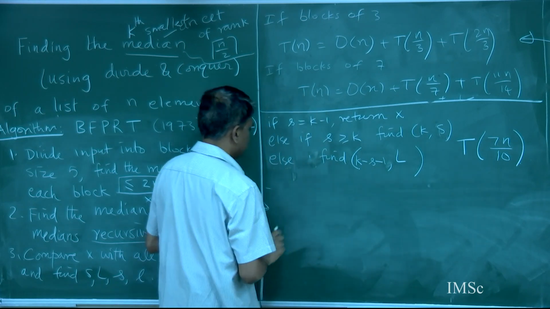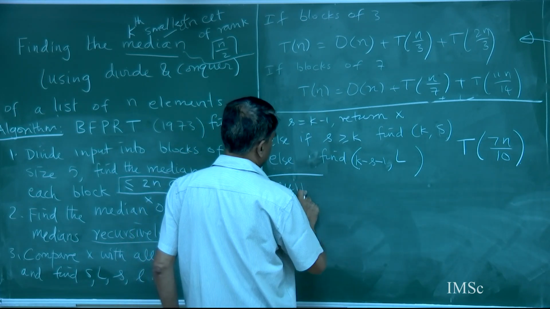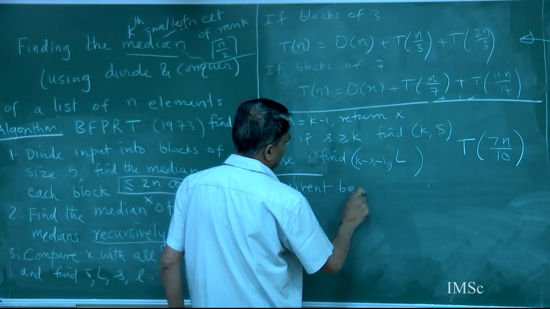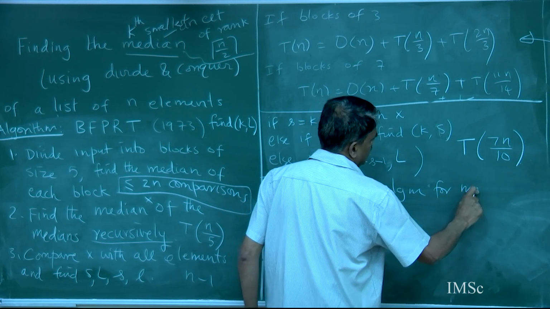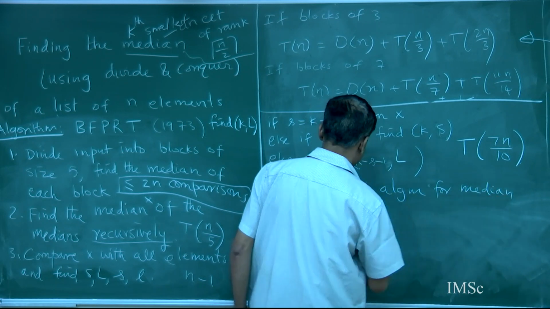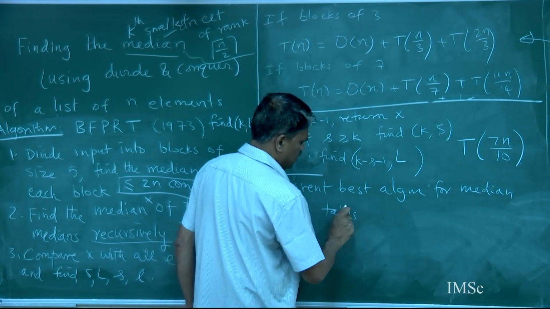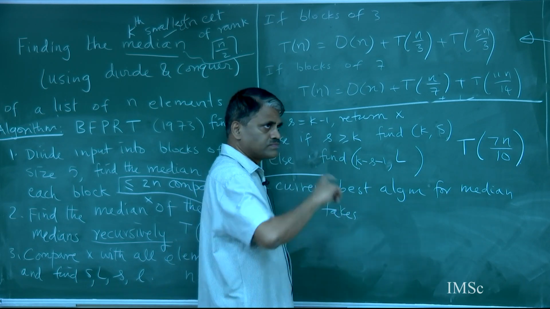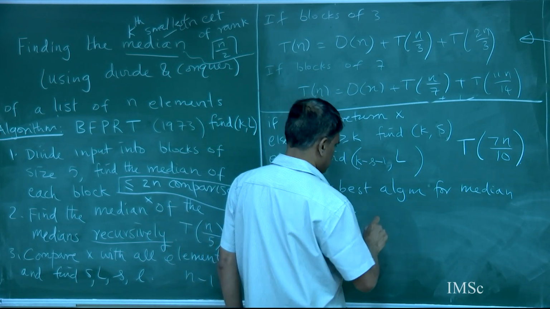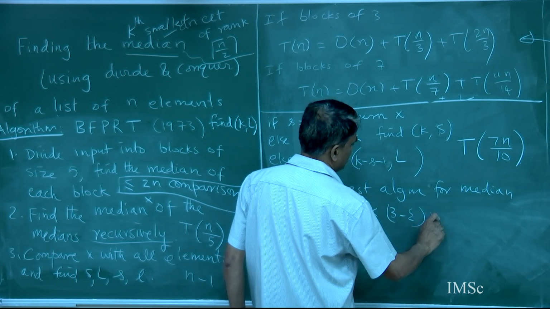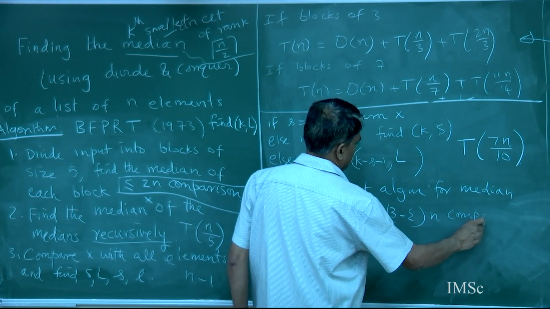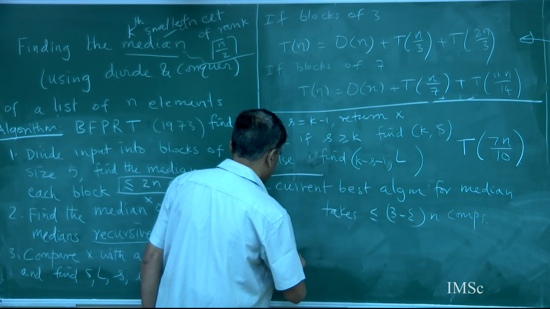So for example, the current best algorithm for median takes some 3 minus epsilon times n comparisons, and there is a lower bound.